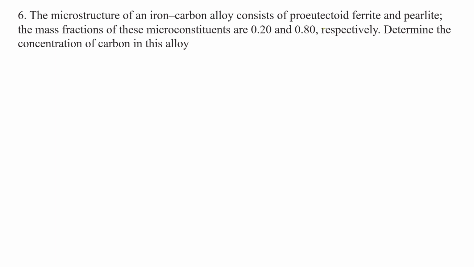pro-eutectoid ferrite and pearlite. Pro-eutectoid ferrite tells me this is a hypoeutectoid alloy, and of course pro-eutectoid alpha should exist with a pearlite phase.